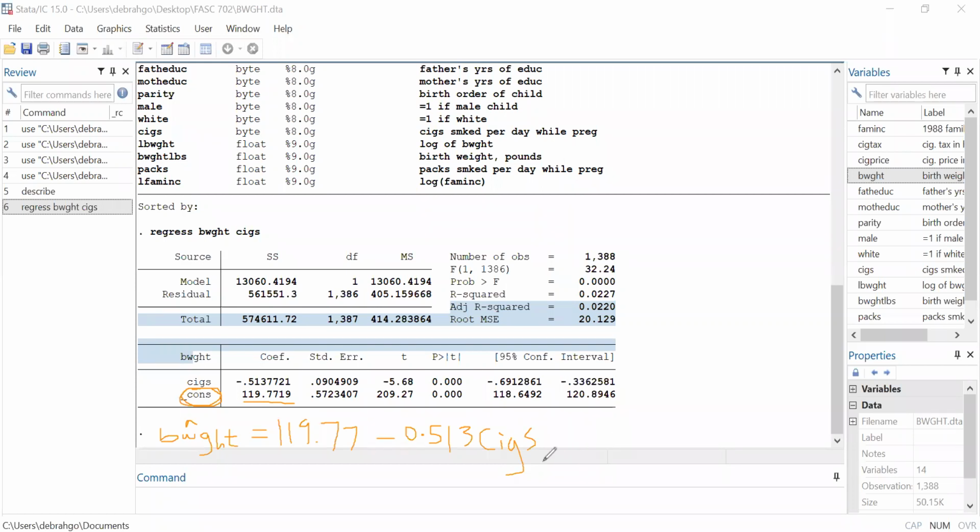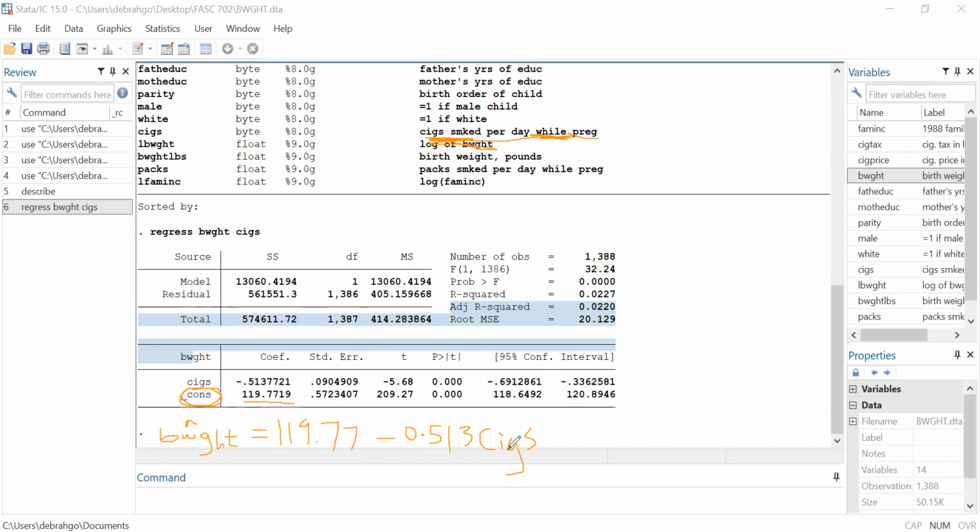That means that one more stick of cigarette smoked reduces the birth weight of an infant by 0.513 pounds. Okay, the US uses pounds. If it's Ghana, then it's a kilogram. Holding other things constant, one more cigarette smoked per day. Look at my cursor here. 6 is cigarette smoked per day while pregnant.